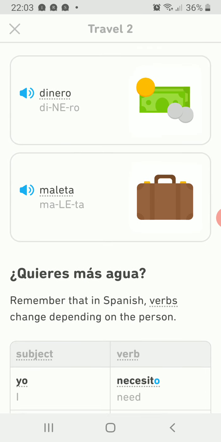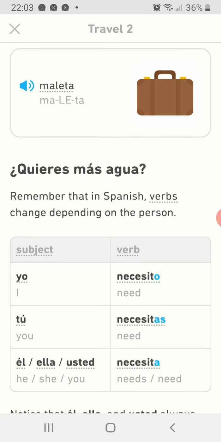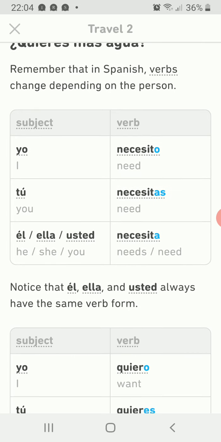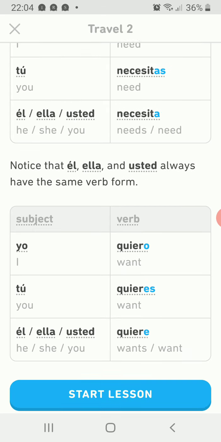Maleta, and this is a suitcase, of course. Dinero is money. ¿Quieres más agua? Remember that in Spanish verbs change depending on the persons. So this is called conjugation, of course. Yo necesito, tú necesitas, él, ella, usted necesita. Notice that él, ella, and usted always have the same verb form.